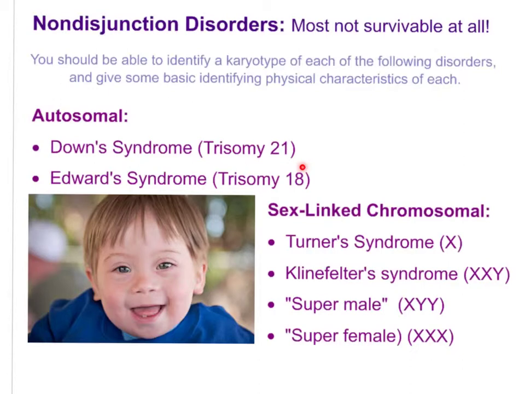The majority of individuals that have this do die before birth, but those that are born usually only live a few years. 80% of them are female. They have a lot of health issues with kidney and heart problems, so although it's quote-unquote survivable, it's not for very long. These are both autosomal non-disjunction disorders because they deal with the body chromosomes.